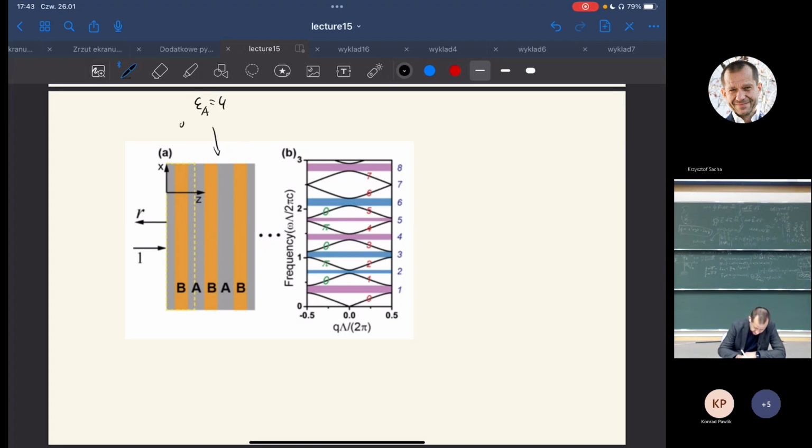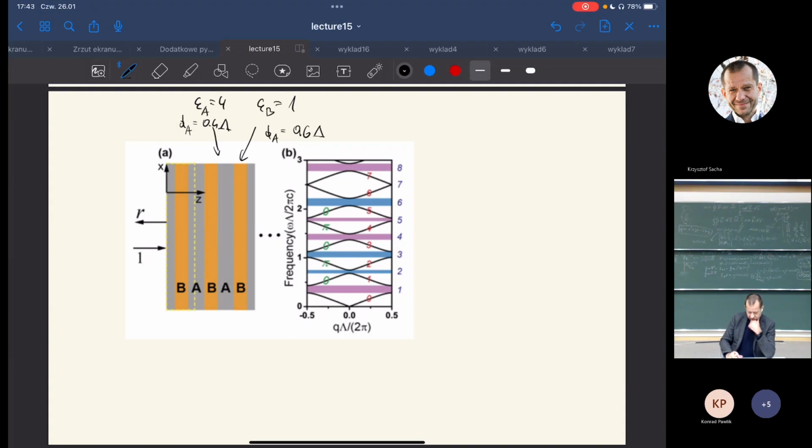The width of this layer is 0.4 times the periodicity space. And there is also B layer, and the dielectric constant is simply equal 1. And the width of this layer is 0.6 periodicity.